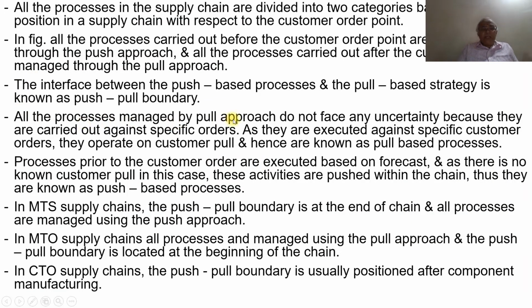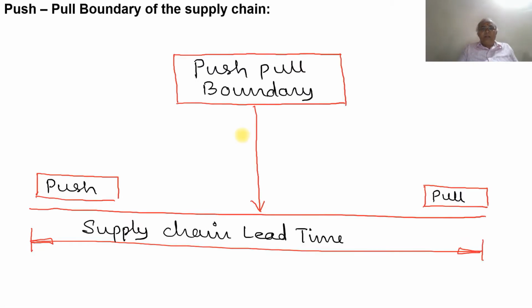All the processes managed by the pull approach do not face any uncertainty because they are carried out against a specific order. So you have a pull approach, and the customer order point will be here. Whatever process takes place after the customer order does not face any uncertainty. That means the delivery is already specified because we have the customer order.